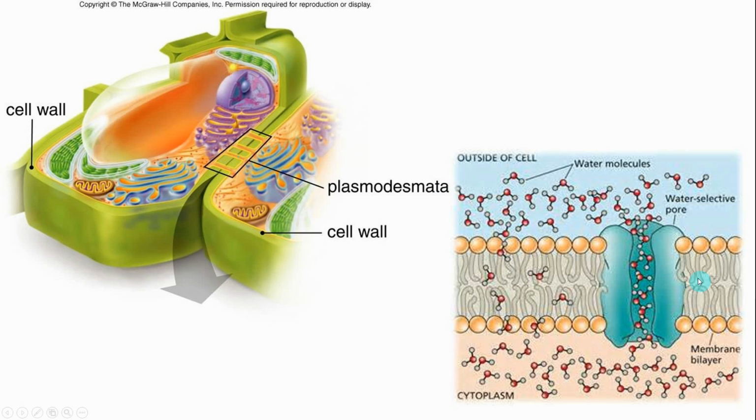We zoom in on it, and we have this beautiful protein, this aquaporin, and you can see it allows water to flow a lot easier than it does through the actual cell wall. So these aquaporins play a very important role in getting the water through efficiently and effectively, not wasting energy.